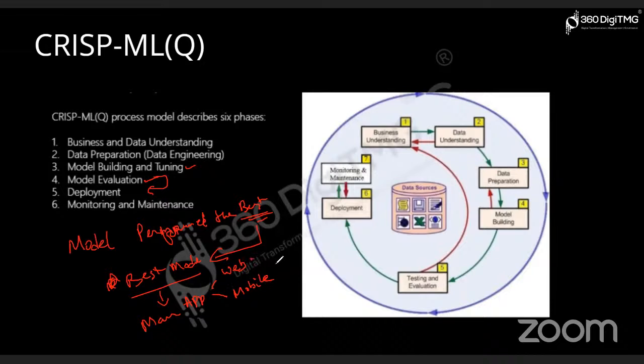And we will deploy this either as a website or a mobile app. Once this is done, the deployment part is done. Your model is ready and it will be working fine.